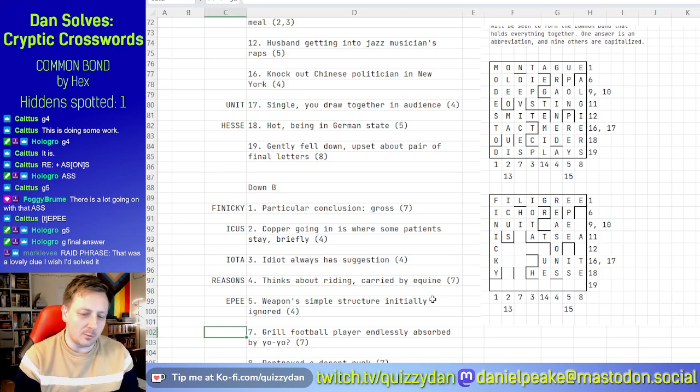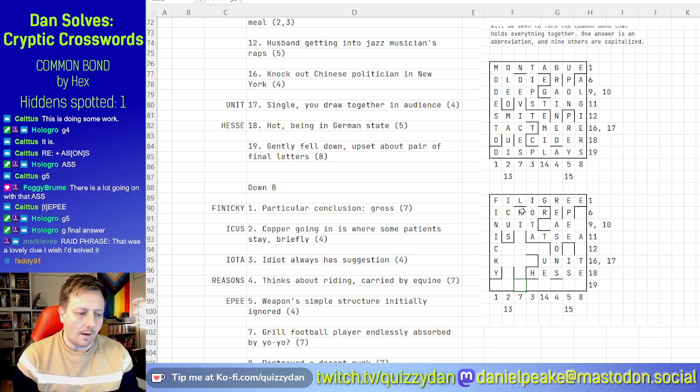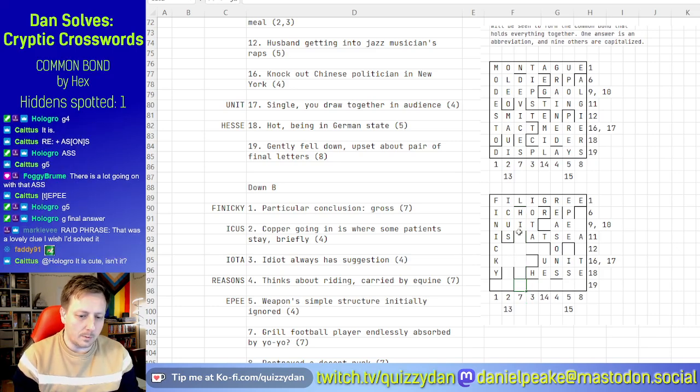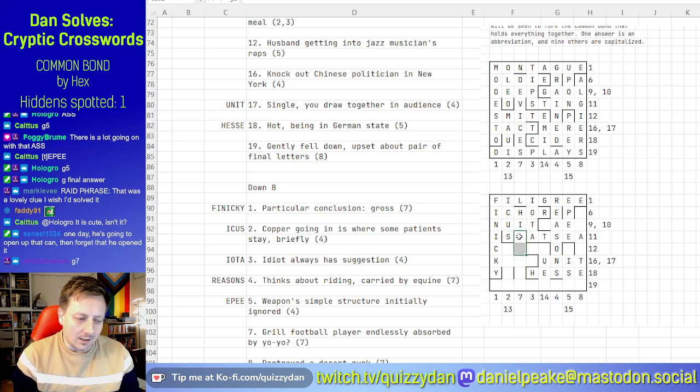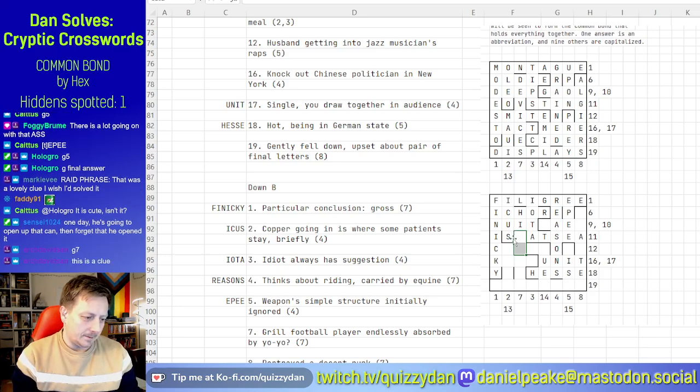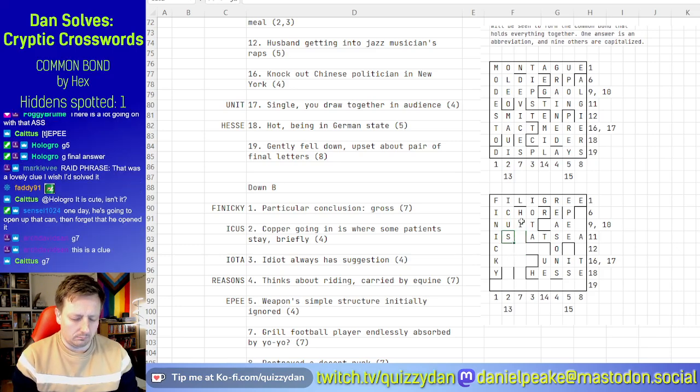Grill, football player, endlessly absorbed by yo-yo. It's not going to be QB. Is it going to be like TE for tight end? Oh, hang on.